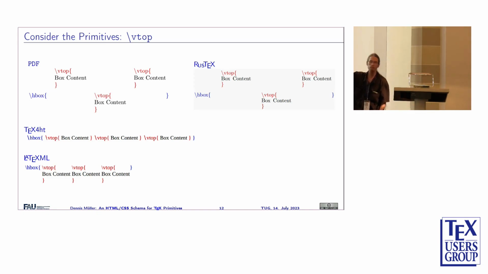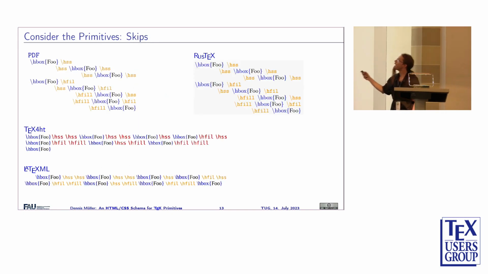LaTeX-ML at least realizes that this is a V-box, so it puts line breaks between the things. TeX-to-HTML, just plain thing. And a similar thing with fills and skips and these kinds of things. For some reason, TeX-to-HTML here also does the color wrong, but that's probably just a minor issue. So you might think, why do we care about H boxes and V boxes?